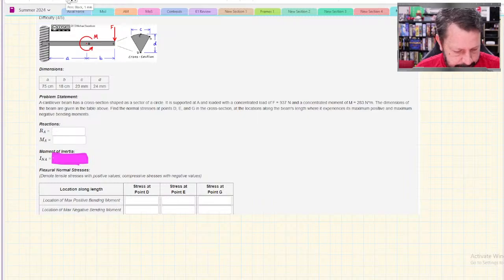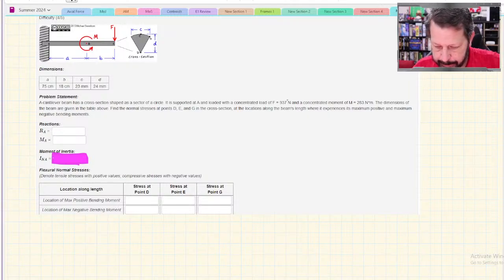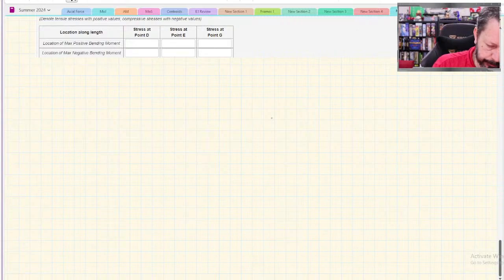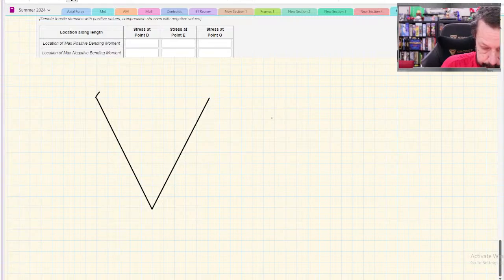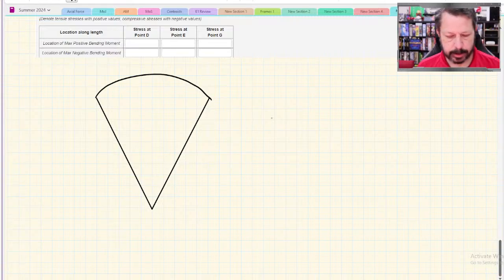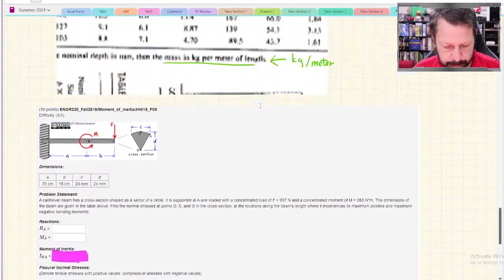Let's read what it says. Cross-section shaped as the sector of a circle. Okay, so it is part of a circle, but it's some little wedge. We've got some force and a moment, and then we've got some dimensions. So let's draw a little bit larger version of our sector. Okay. Let's see. What are my dimensions?